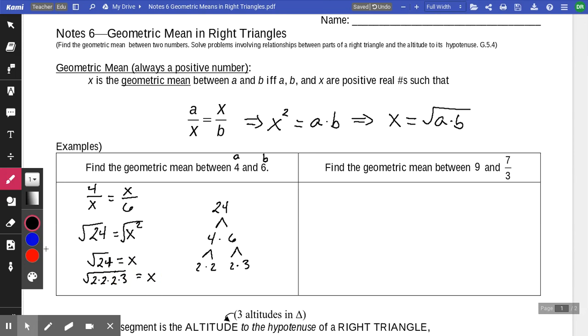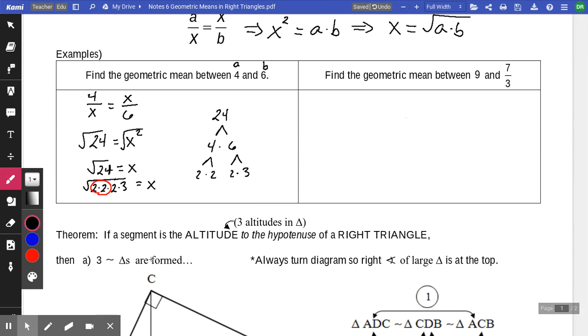And then if we look for a pair of factors, like we have right here, we could rewrite this square root as 2 square root of 6. The way I got the 6 was there was a 2 and a 3 that were not a pair of factors, and so I just multiplied them back together. So every time you have a pair of factors, you bring that factor out.